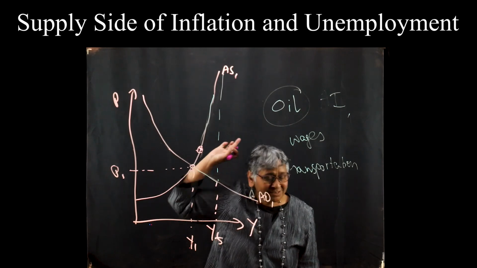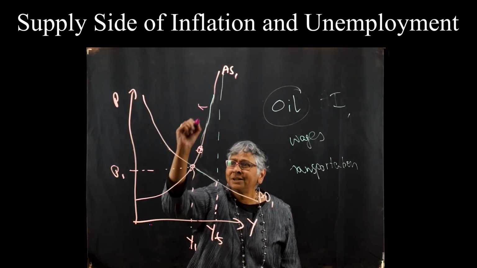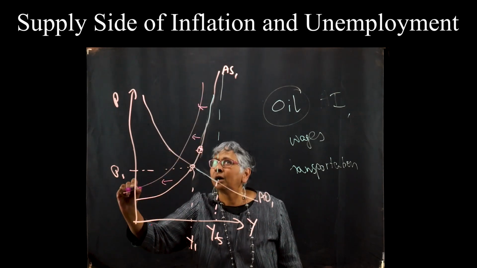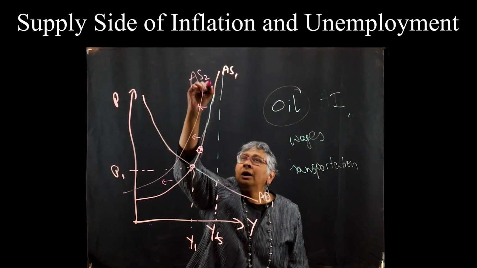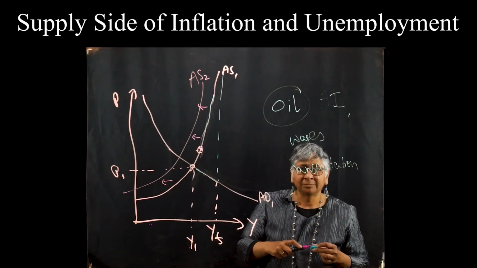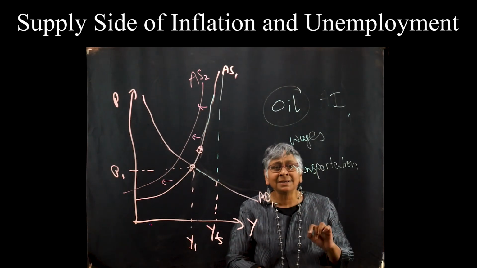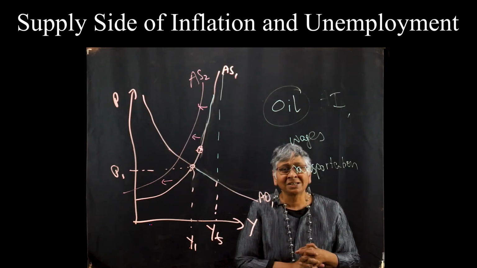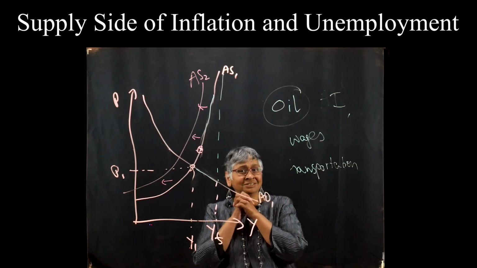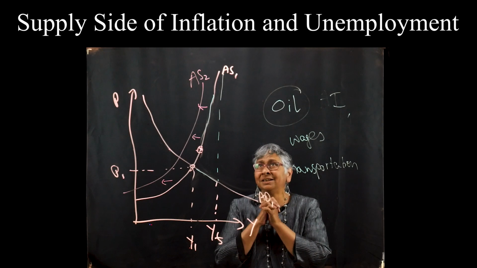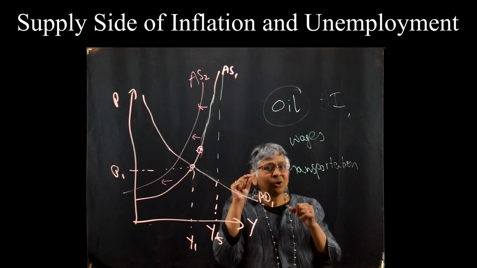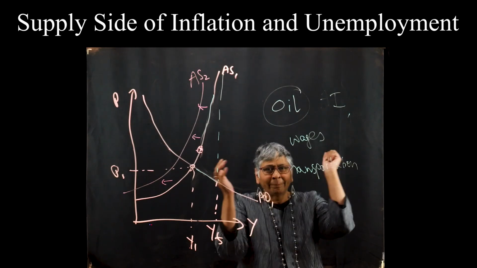OPEC did this in the 70s. If you get a cost shock, in the short run, your supply curve will shift in. On the demand side it was government policies or things like global recession, debt crisis and so on that were shifting AD. On the supply side it is cost shocks, and we call them shocks. Pop, shock.